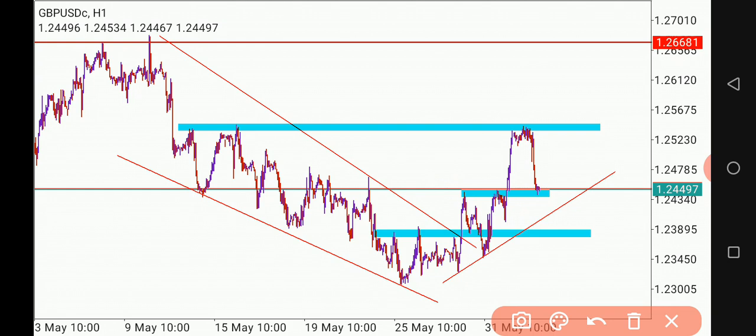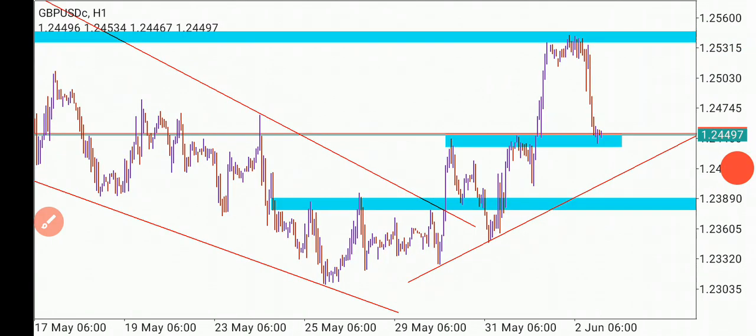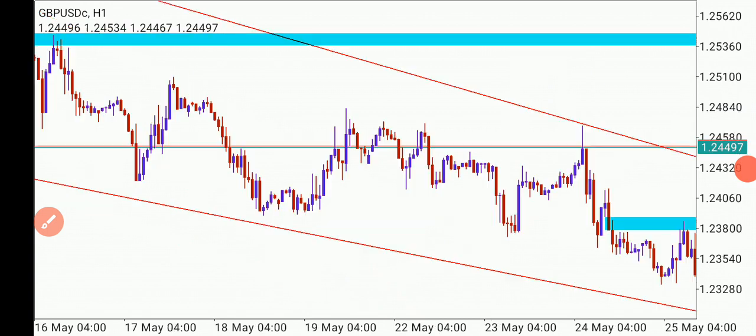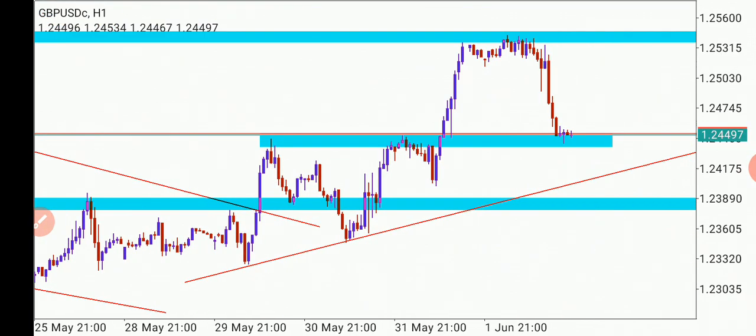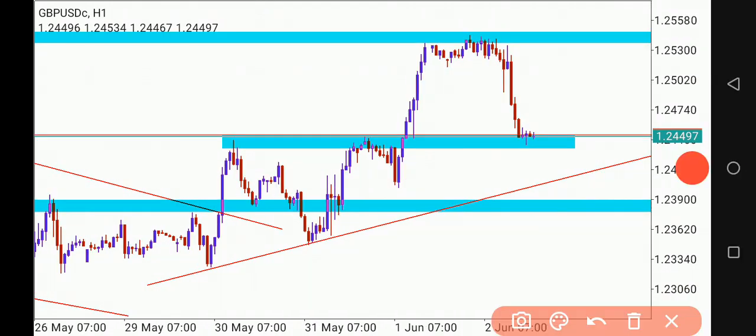Now we won't consider this level for now because the market came in with an impulse, but only if the market prints something like a double bottom over here, then I can say it is safe for us to buy.